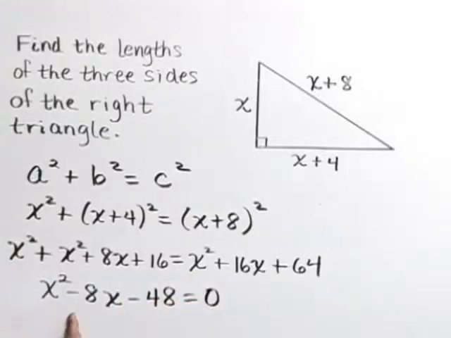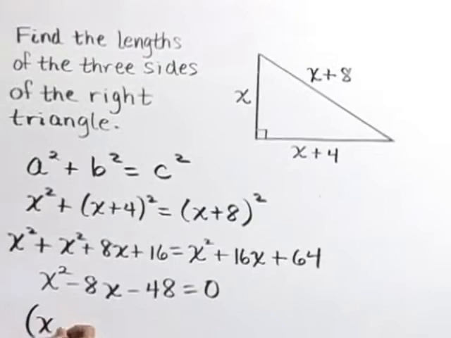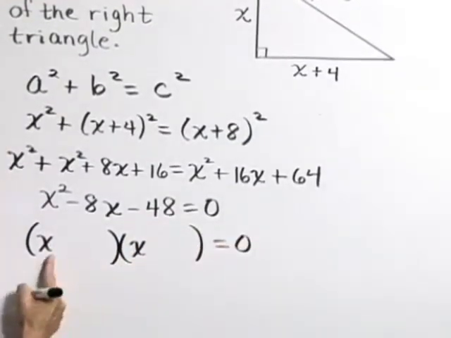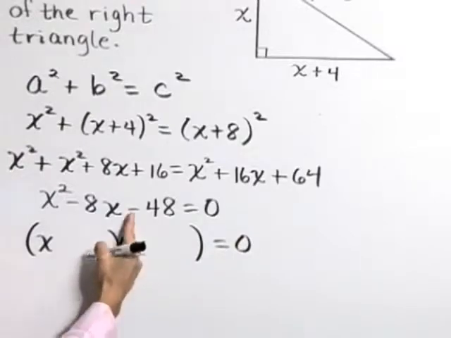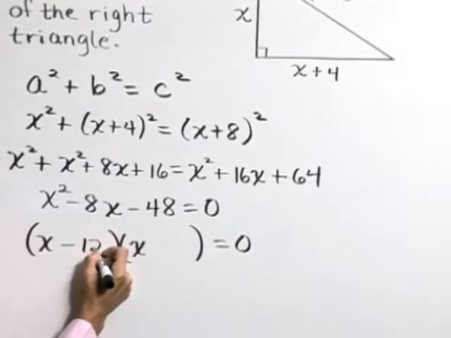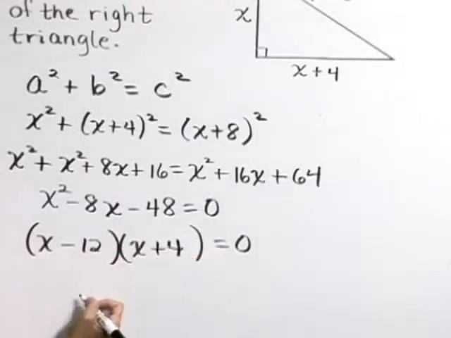We've got our quadratic equation in standard form, and this is going to factor, so let's use the factoring method. That factors as two binomials with leading terms of x. Factors of negative 48 that are going to make this work are a minus 12 and a plus 4.